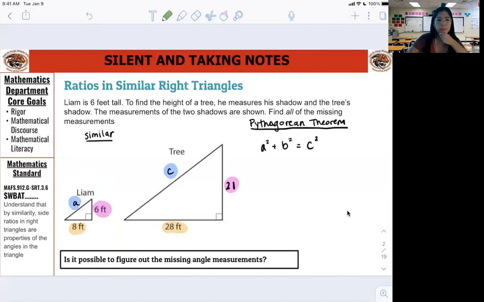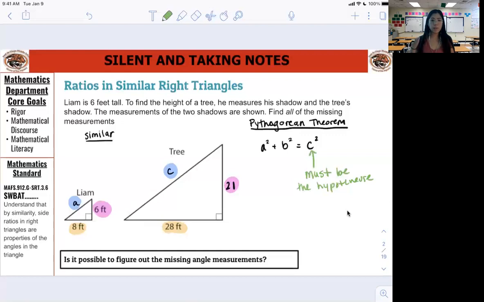Not quite, nope. So I guess we got to review the Pythagorean theorem. Okay, did not expect to have to do that, but here we go. C squared must be the hypotenuse. A and B can be whichever of the two legs you want them to be.